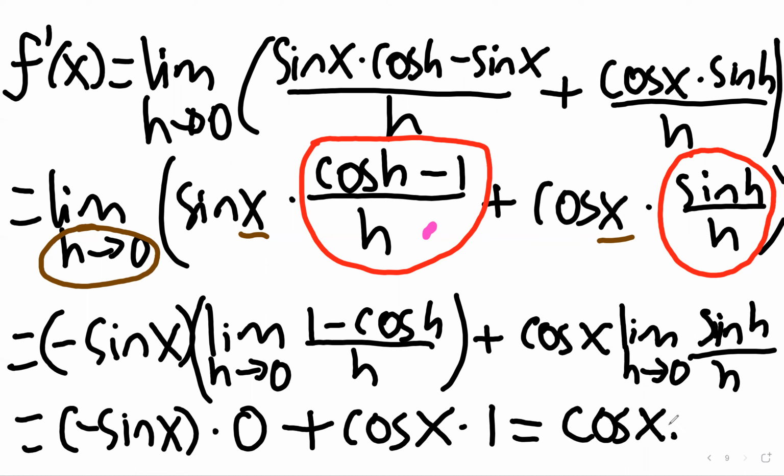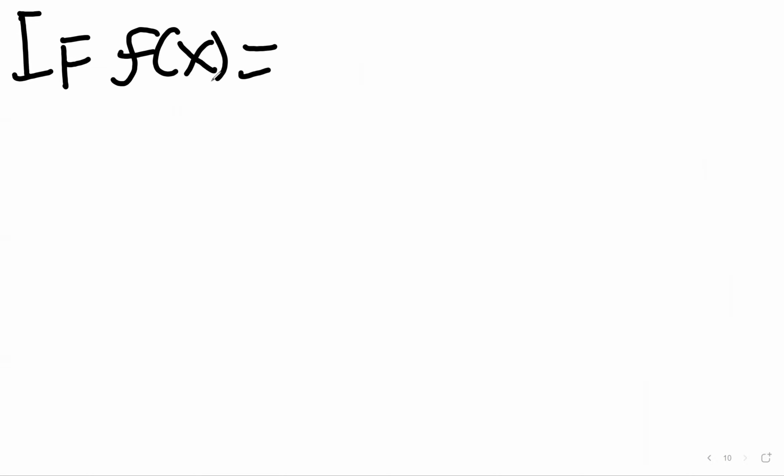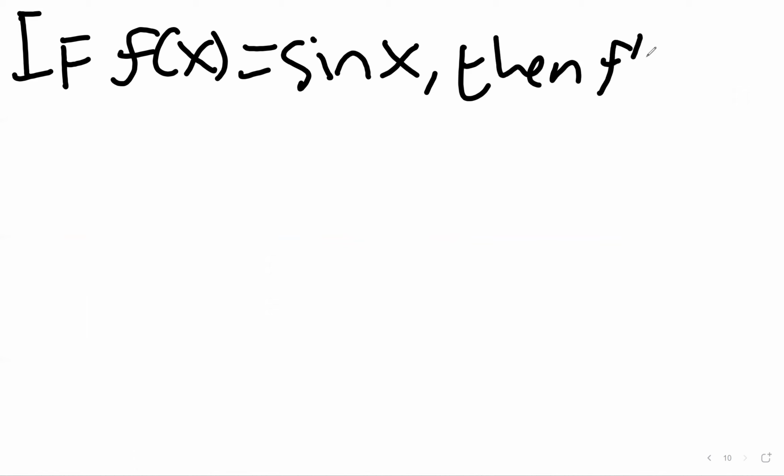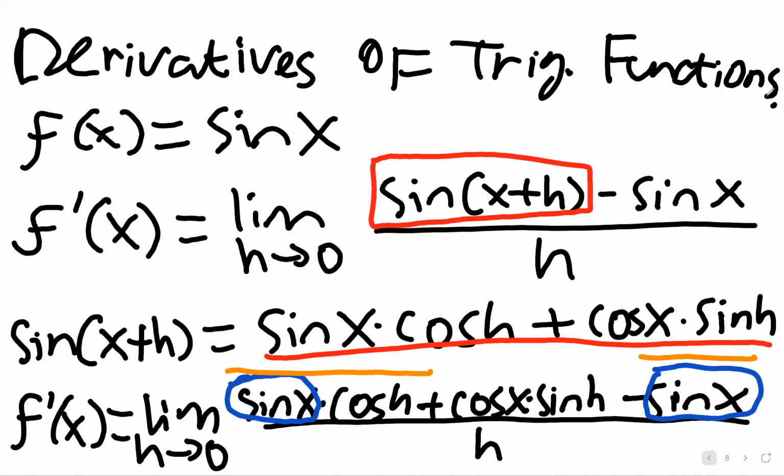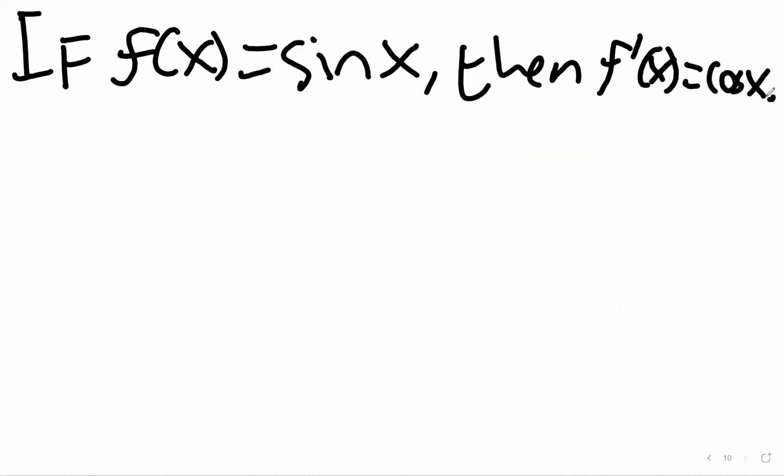To summarize this calculation: if f of x equals sine of x, then f prime of x equals cosine of x. Of course I can write it in any notation.